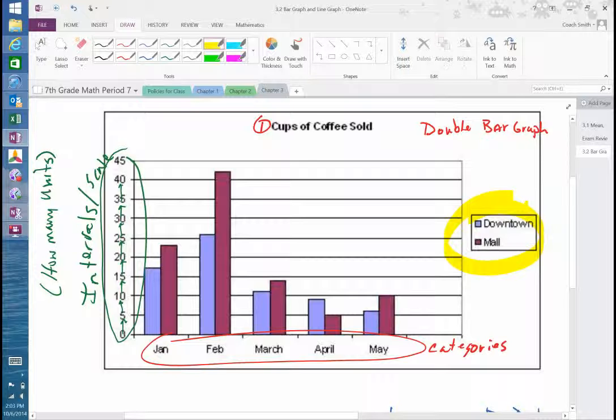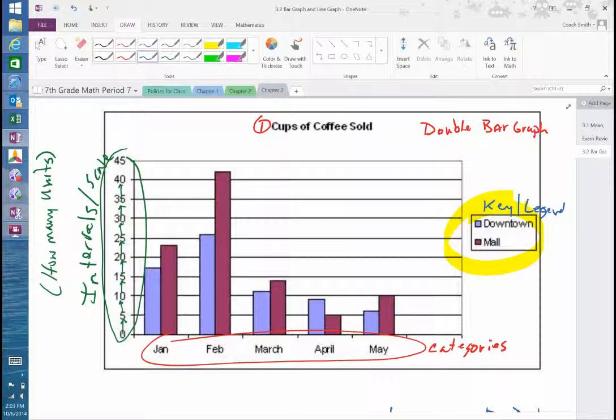That is a key or a legend. I don't know why, it's something they've called them since they had maps and everything else. They just called it a legend. And what the key and the legend does is it tells you what each specific bar represents, what type of category.